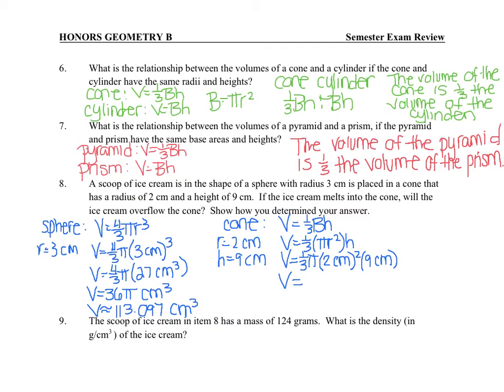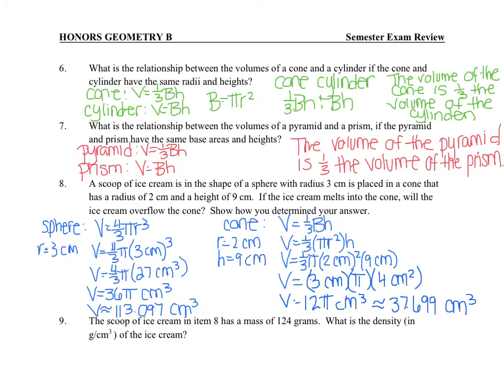I'm going to multiply my 1/3 times my 9 centimeters to get 3 centimeters times pi times 2 centimeters squared, which is 4 centimeters squared. 4 times 3 is 12, so we're going to have 12 pi centimeters cubed, and this is going to be approximately 37.699 centimeters cubed.